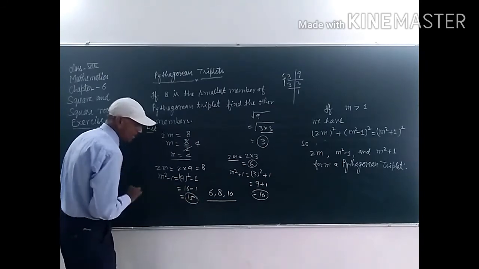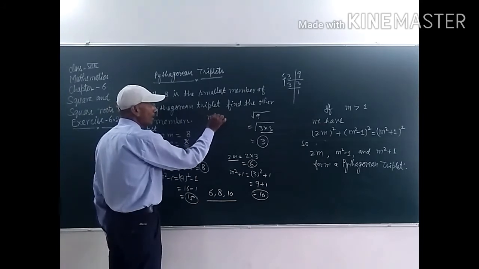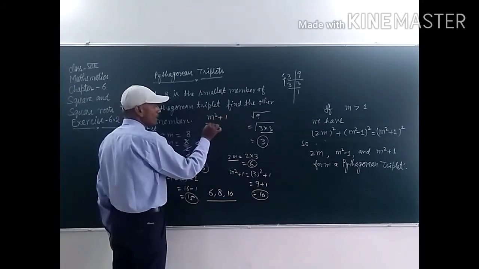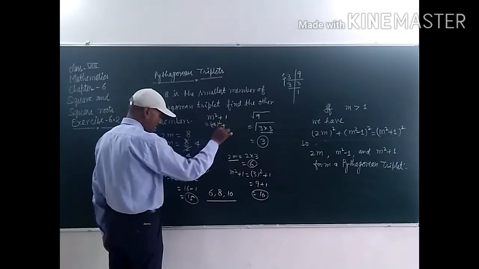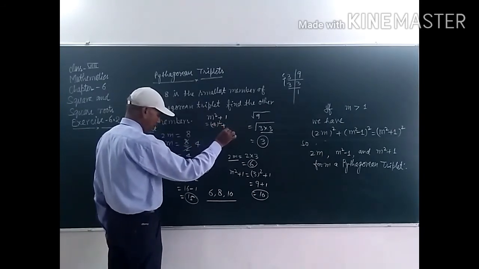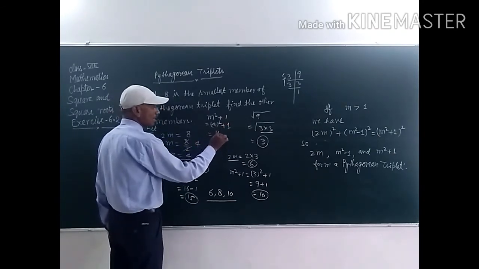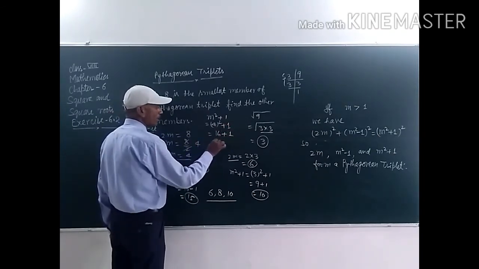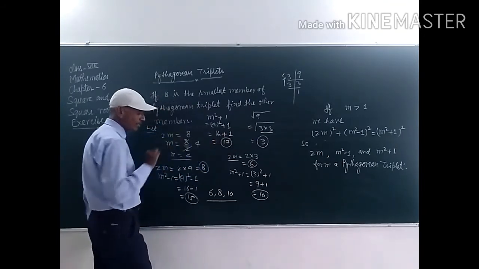This is the second member, and this is the first member. Now m squared plus 1 is equal to 4 squared plus 1, so 16 plus 1 is 17. Clear, students? This is the third member.